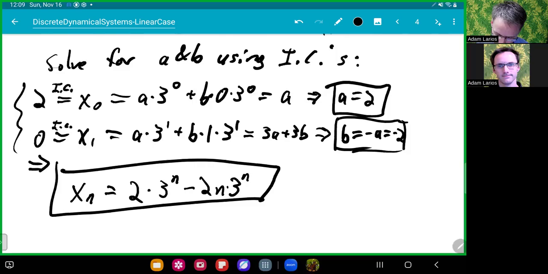Of course, I hope you can see that we could do all kinds of variations on this. We could have a repeated root with inhomogeneity on the right-hand side, and there you have to worry about things like resonances, and all that framework from differential equations carries over pretty analogously to this case.